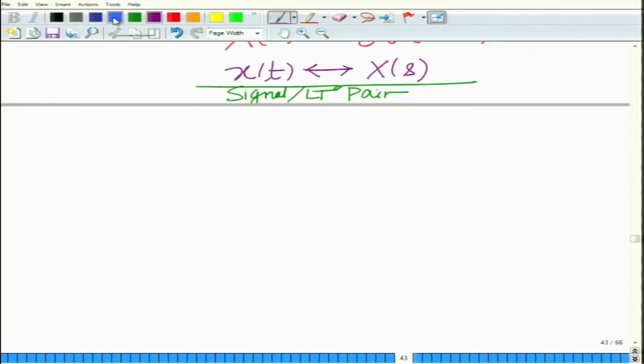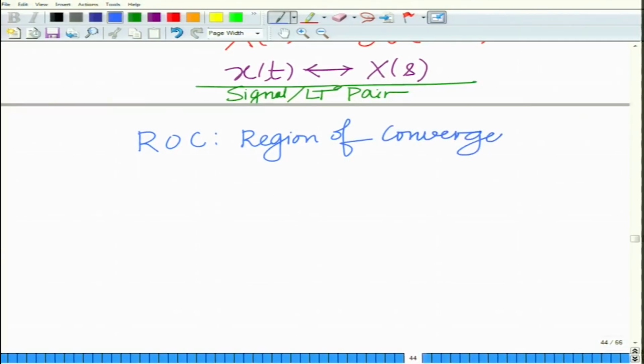Now, an important concept associated with the Laplace transform is what is termed as the ROC, or region of convergence. Now, what is this concept of ROC?